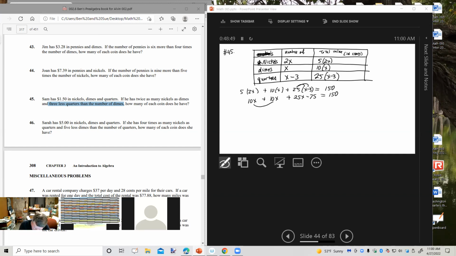Combining like terms, 10x plus 10x is 20x, plus 25x is 45x, minus 75 equals 150.